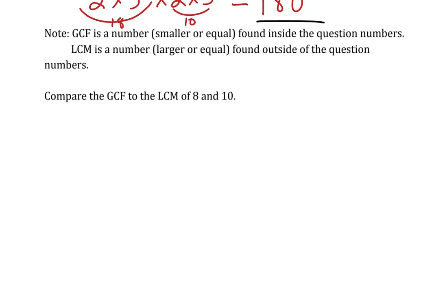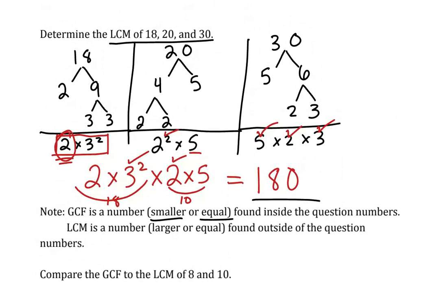So, just in summary, remember that the greatest common factor is a number that's going to be smaller or equal, found inside the question numbers. Okay. The lowest common multiple is a number that's larger or equal and found outside of the question numbers. And when I say question numbers, I just mean like 18, 20, and 30. So if we're looking for the lowest common multiple, it's going to be bigger or equal to 18, 20, and 30.